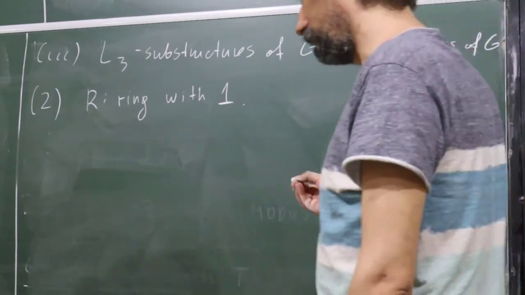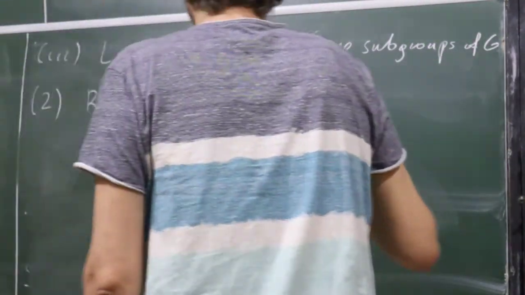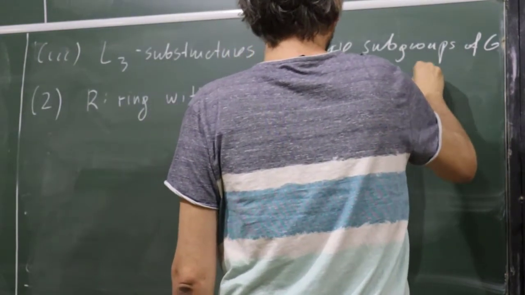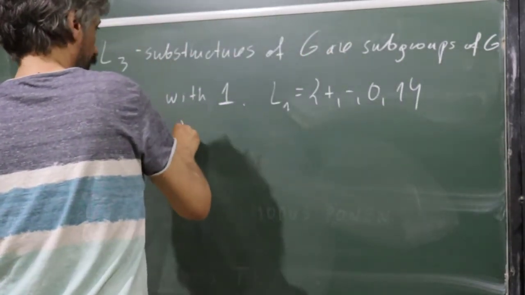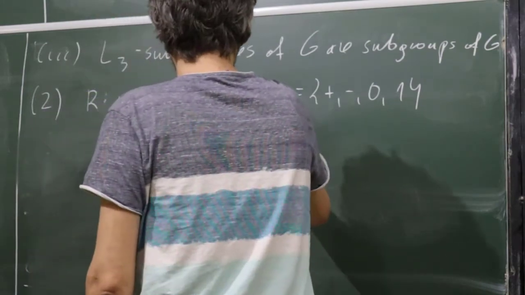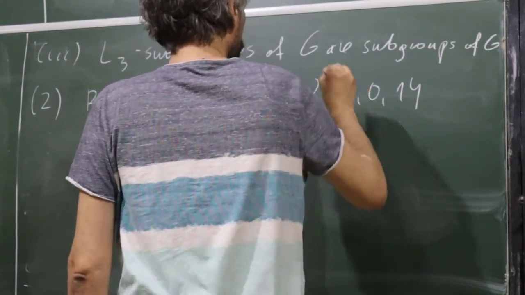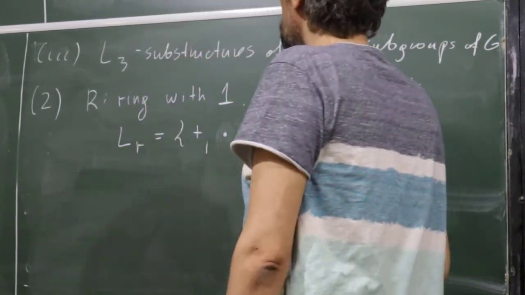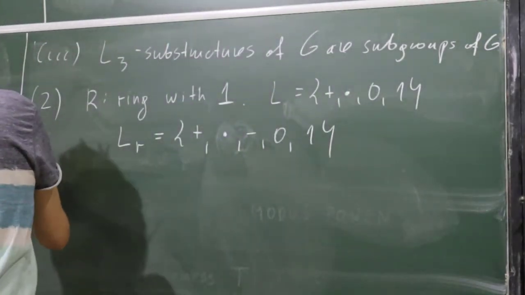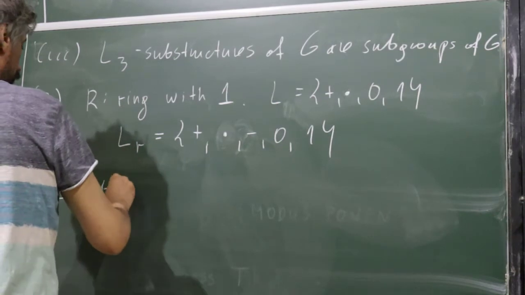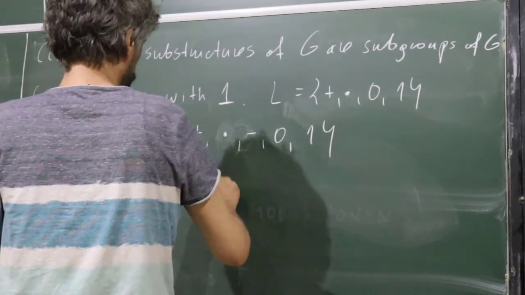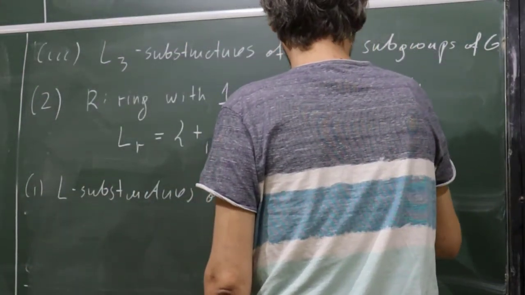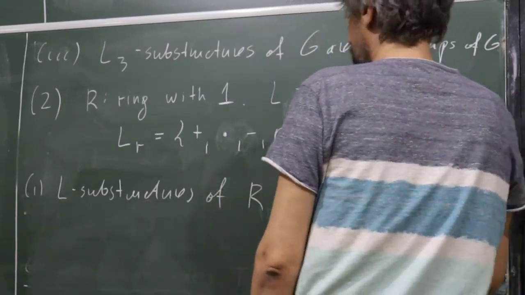By language of rings, probably I should have been saying language of unital rings, but okay, then if we have L1 like this, plus, times, then L substructures of R are subsets of R.